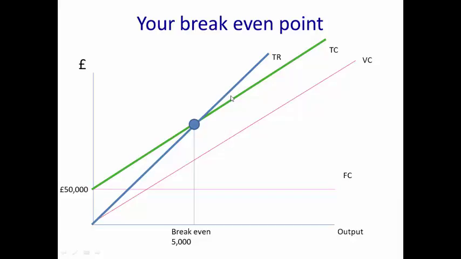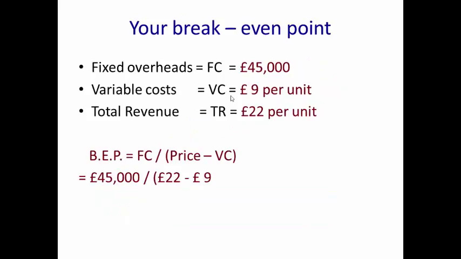Now, once you know these figures, it gets very interesting, because now if you make small improvements in each of those three key variables, you can make a huge difference to your business in relatively quick time. So let me just show you how this could work. Let's say we save 10% off our fixed overheads and get them down to £45,000, and we save £1 on our variable cost per unit to get it down to £9, and we put our prices up 10%, because what we're doing is we're marketing ourselves better and we're providing better perceived value.